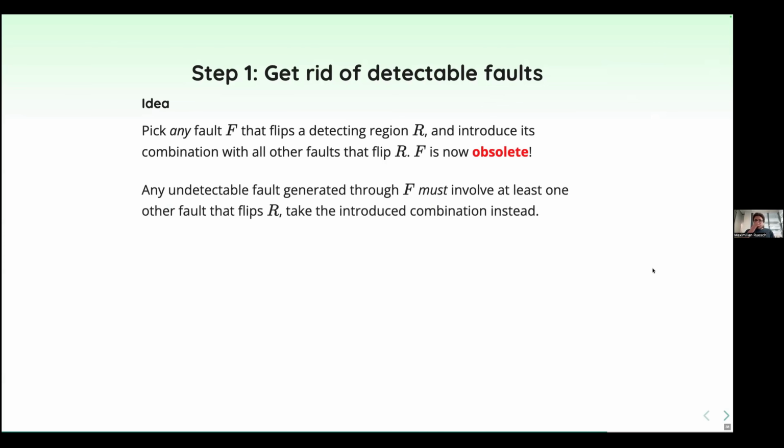We can reason through this by stating that if we have any undetectable fault that's relevant to fault equivalence, that uses F to be generated in one of its decompositions, then in order to be undetectable, it must flip that detecting region back. And so it must involve at least one other fault that also flips the detecting region. So instead of using these two individually, we can also just use their combination.